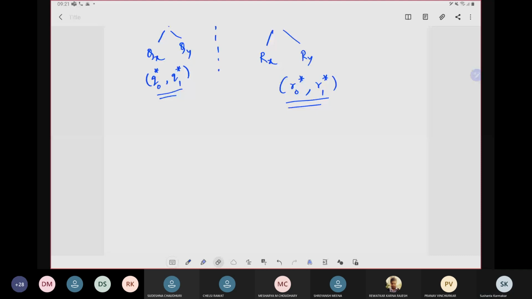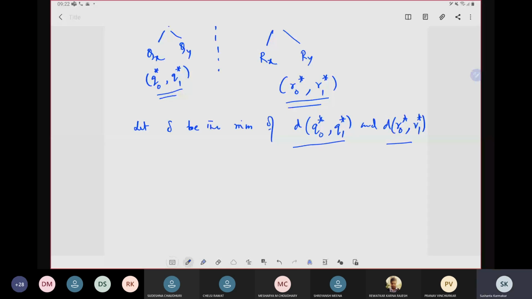So for that, let delta be the minimum of d(Q0 star, Q1 star) and d(R0 star, R1 star). What does it mean? Let this small delta be the minimum of these values. Out of these two closest pairs, delta is the smaller of these.